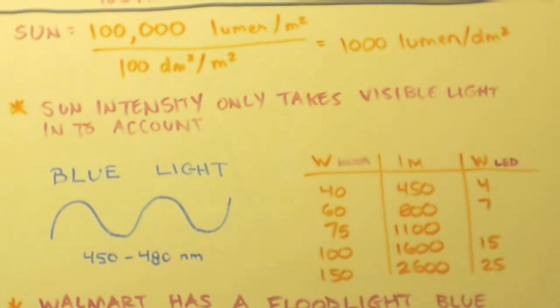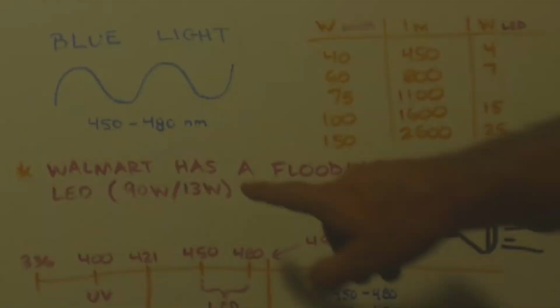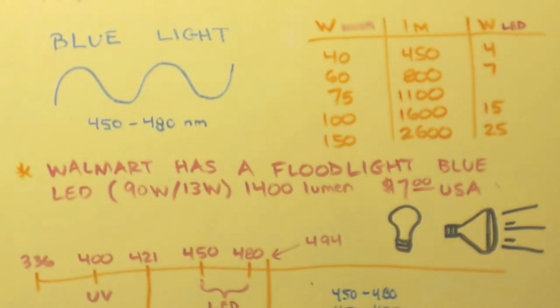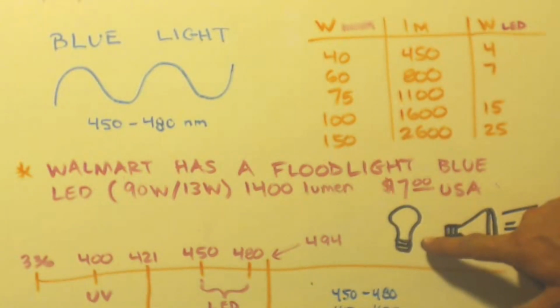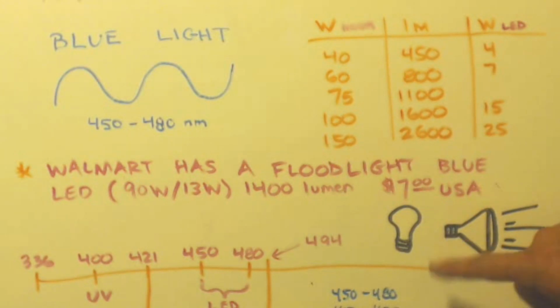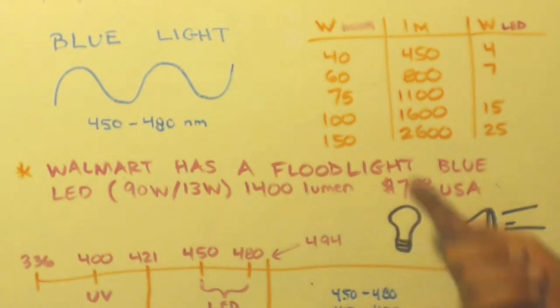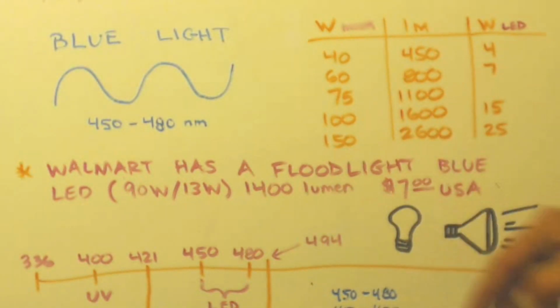But this is why it doesn't matter to me to be exact, because look at this. Walmart has a floodlight. That's another thing I wanted to bring up first of all. You don't want to get an LED that looks like one of those incandescent light bulbs, because that's going to produce light going all over the place, three-dimensionally out as a sphere.